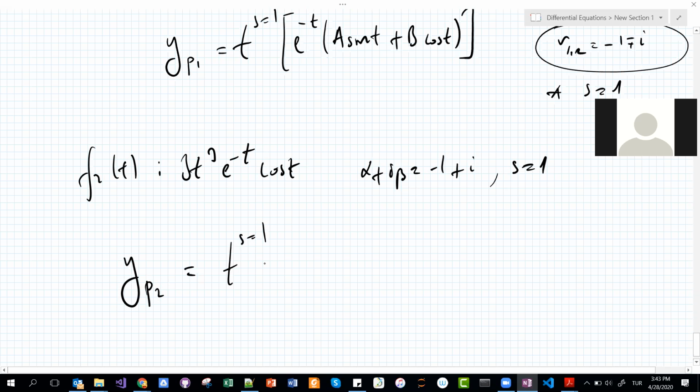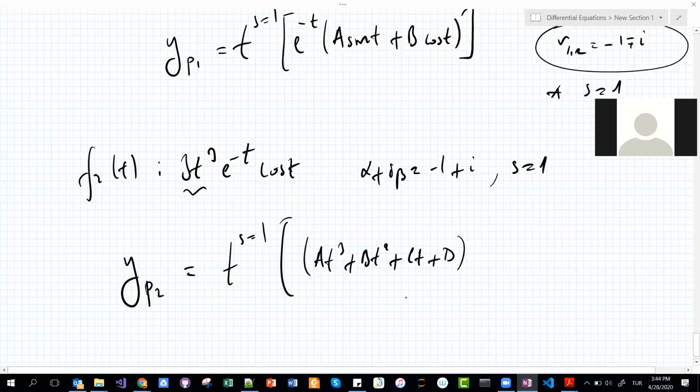I need an extra term since it matches a root. But inside, as you see, I have the third degree polynomial, At cubed + Bt squared + Ct + D, times cosine t.